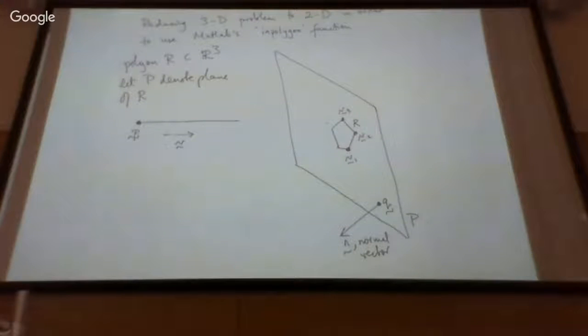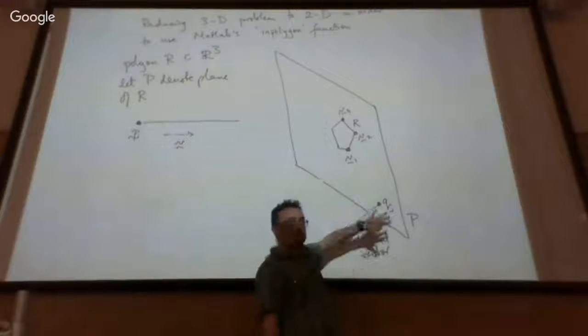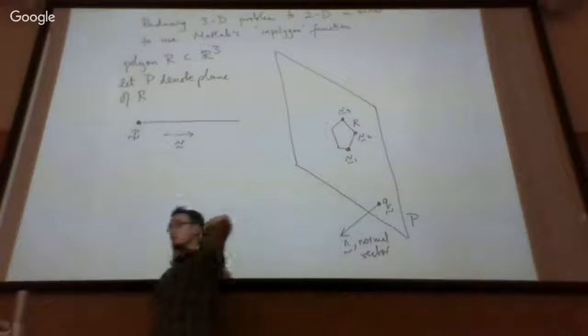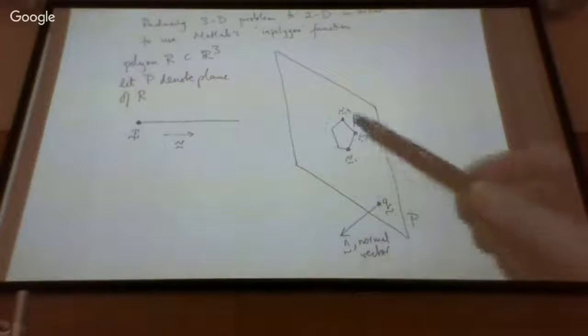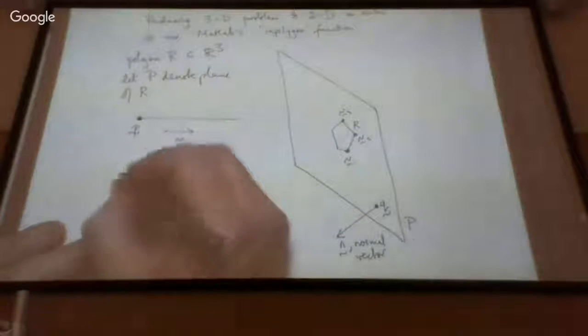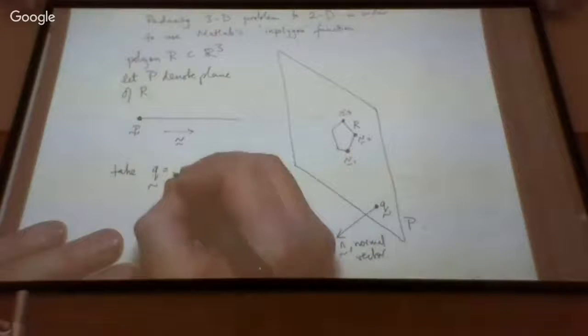Now, how do I obtain n and q from the data that I already have? Well, the data I already have are the vectors for the vertices of the polygon, the data that's in the computer's graph. So can I construct n and q from a collection of vertices of a polygon within the plane? Yeah, I can. For a start, I can take q just to be one of these vertices.